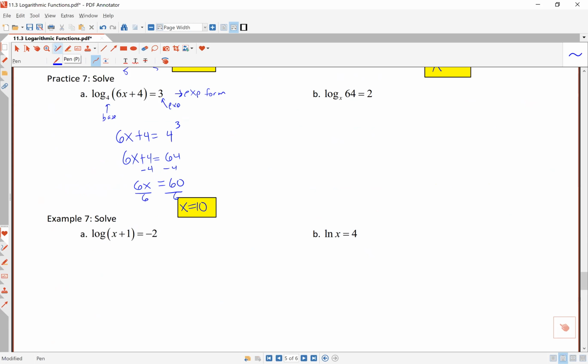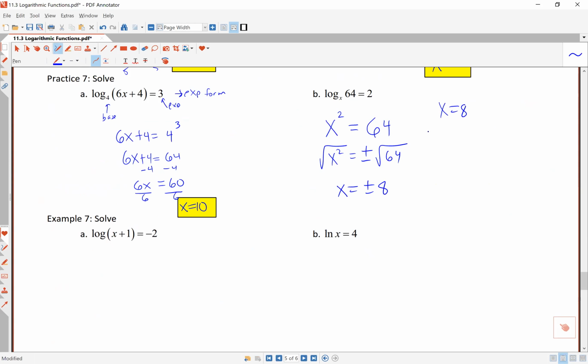Letter B, convert to exponential form. 2 is the exponent on x to get 64. We take the square root of both sides. When we take square roots of both sides, we use plus or minus. And so that says x is plus or minus 8.